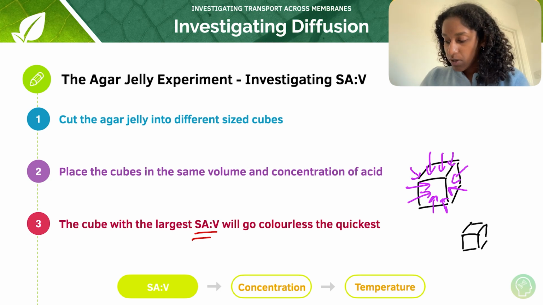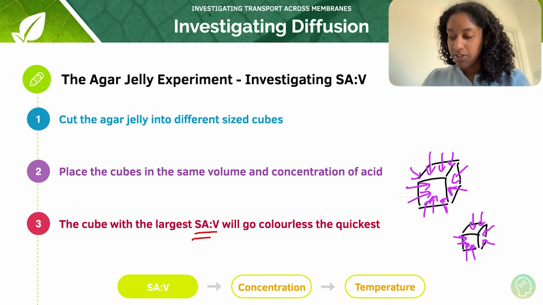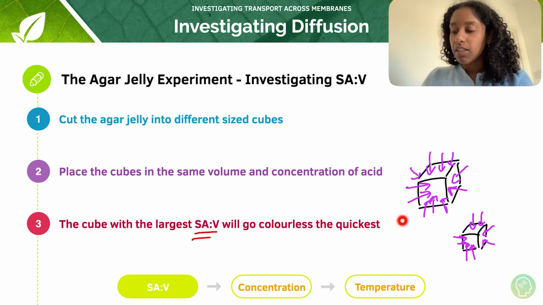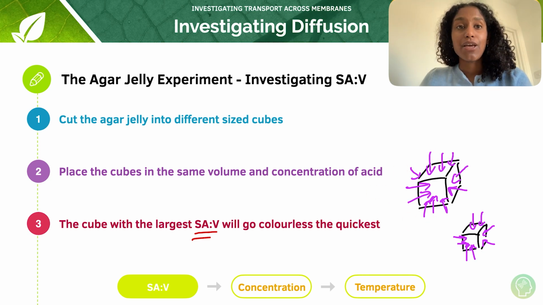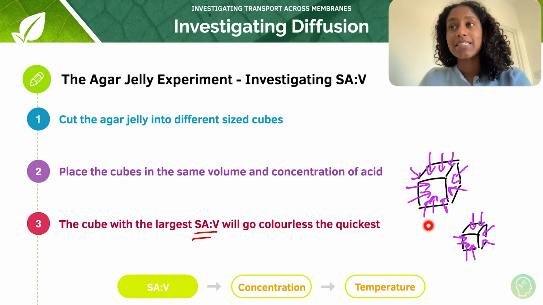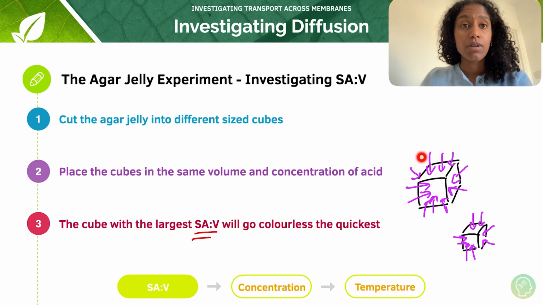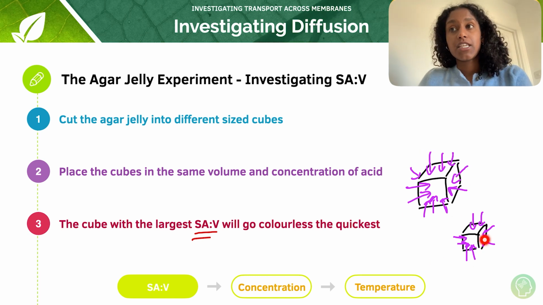Whereas this smaller surface area to volume ratio of this cube is going to have fewer points for the dilute hydrochloric acid to diffuse in, which means that the cube with the largest surface area to volume ratio is going to go colourless the quickest, because the hydrochloric acid is going to be able to diffuse into the jelly much, much faster than this cube.